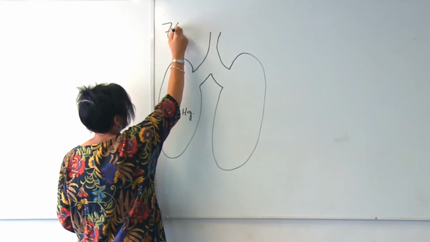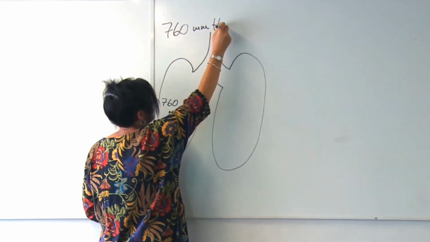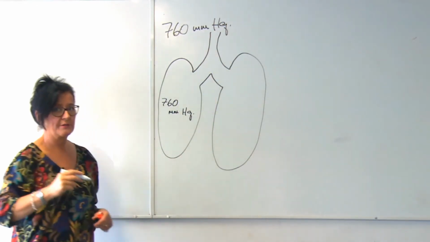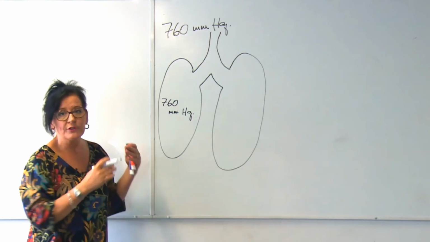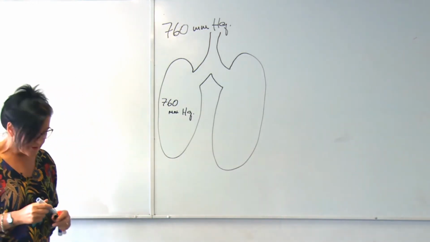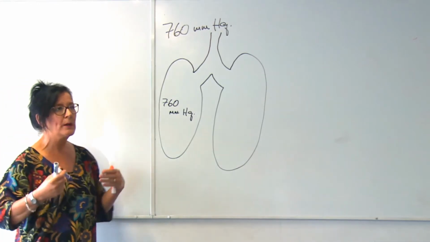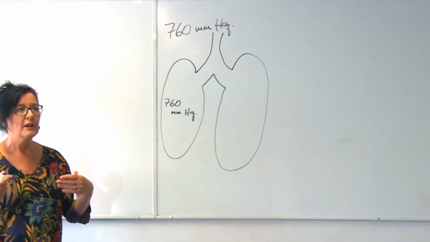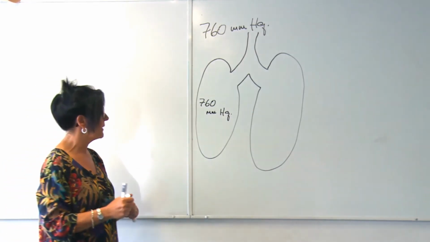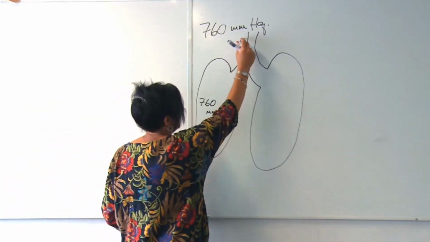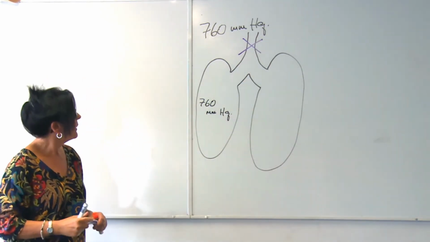Atmospheric, 760 millimeters of Hg. And remember, that doesn't change. So at this point, we've got no pressure gradient. Because we've got no pressure gradient, we have no airflow. And if you think about when you breathe in and you breathe out, you always have a pause in between, and that's when those pressures equalize. So at this point, we have no airflow.